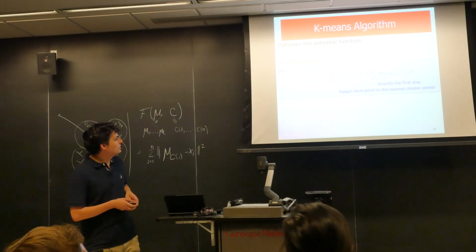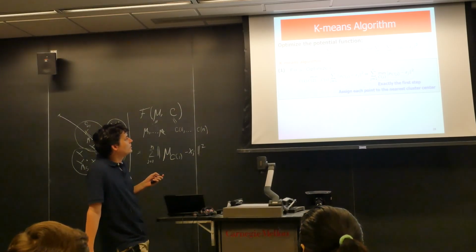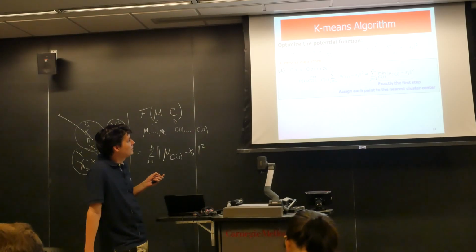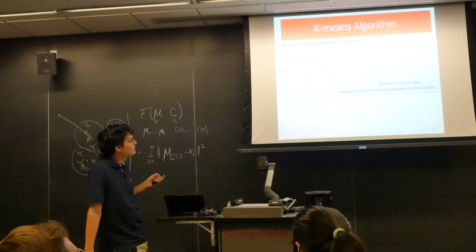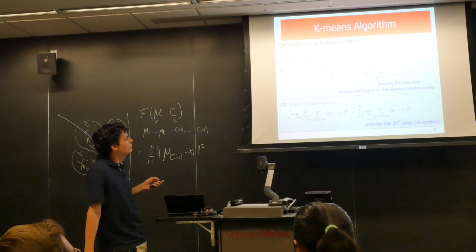All right, so back to this point. We want to minimize this potential function over mu and c. The potential function is defined like this. And the k-means algorithm, just formally, you fix mu, you optimize over c.